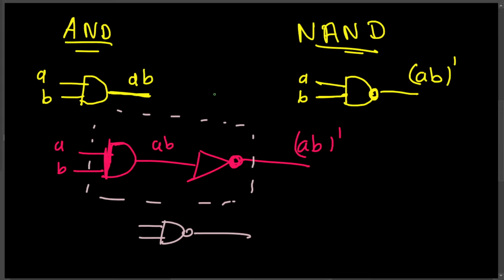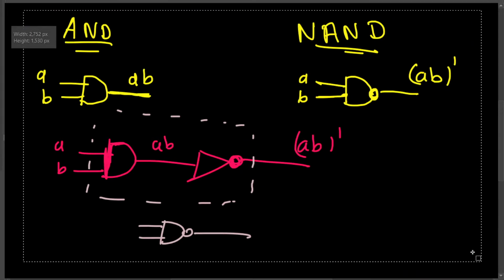Now let's look at another thing. I'm going to go ahead and erase everything. So let's say a NAND gate is given. If you have a 2-input NAND gate, you can make it a 1 input by connecting both wires like this.